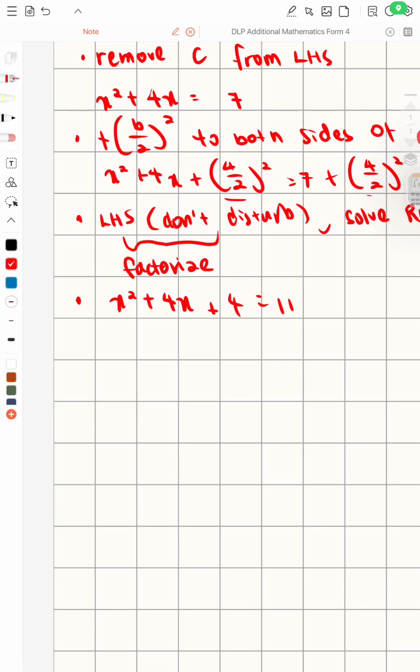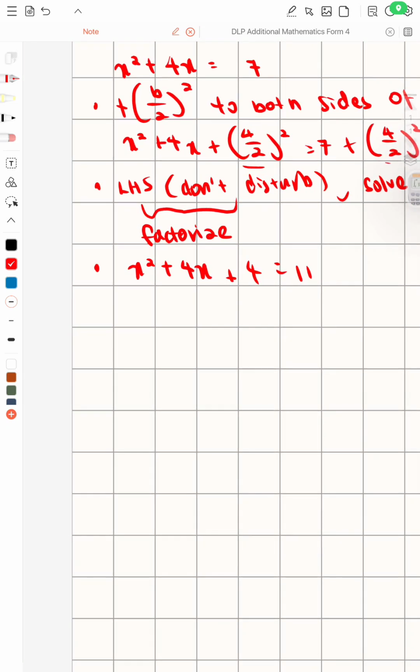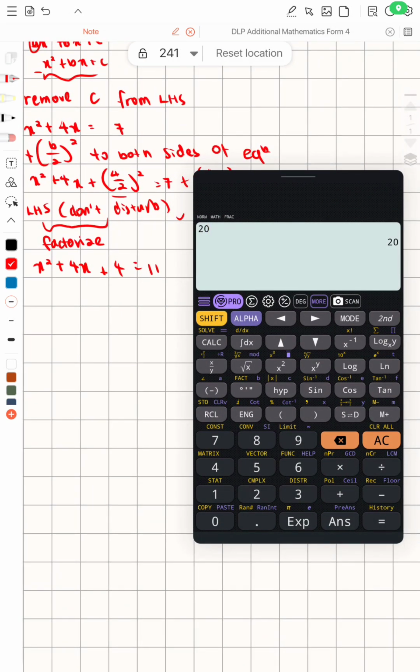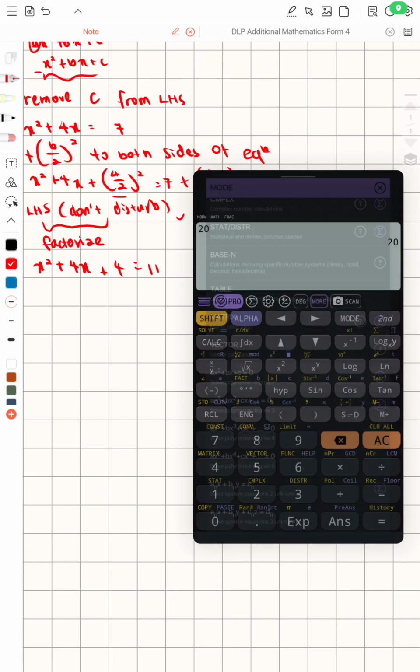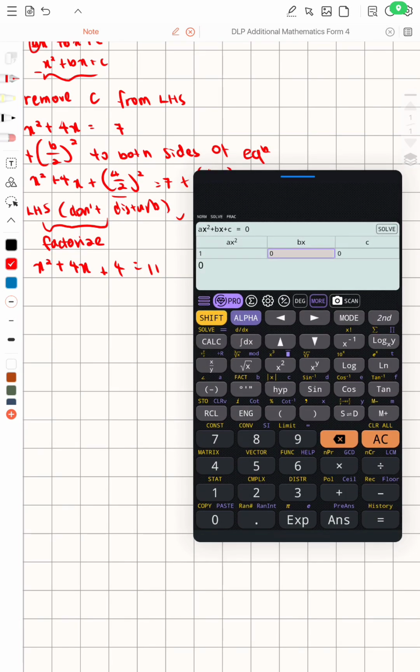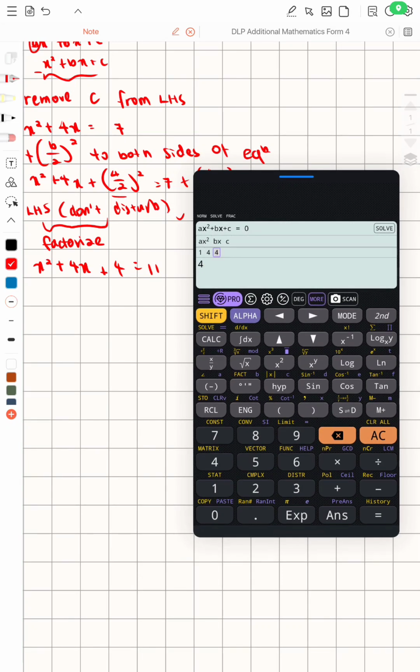And then next you factorize the left hand side. So this one you just use calculator. So value of A would be positive 1, B would be positive 4, C would be positive 4.